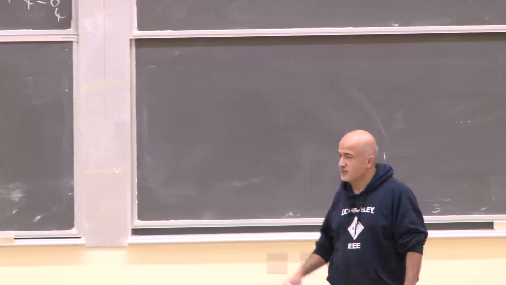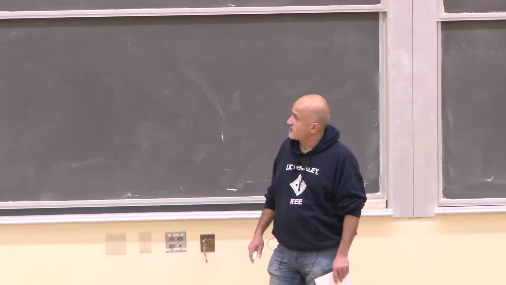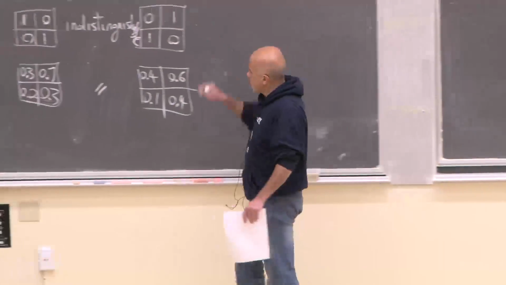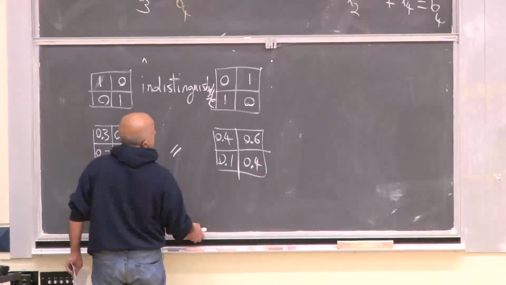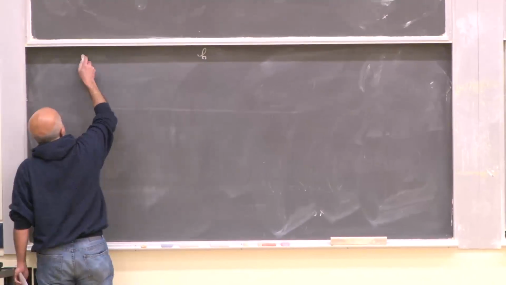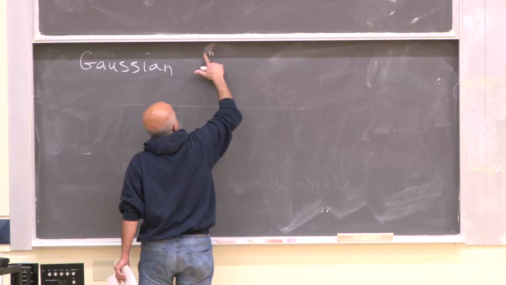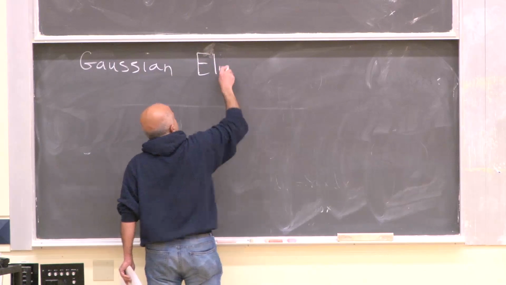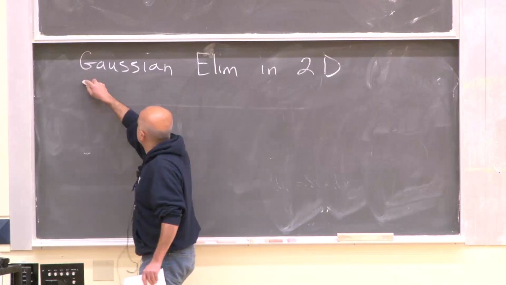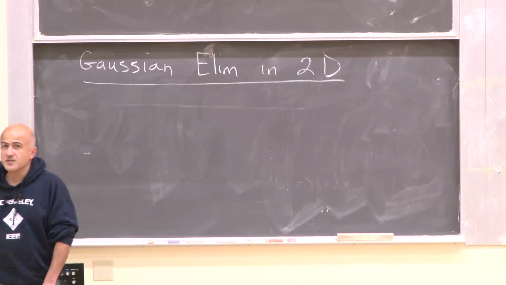In the 2x2 case, we can draw things easily, and it's much easier to visualize. So if you permit me, I'm going to go into a two-dimensional story and develop our concepts in there.